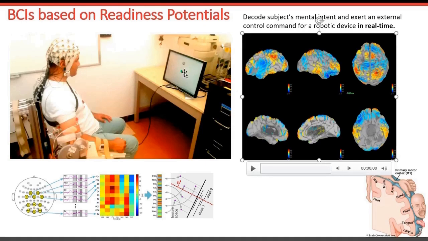The subject looks at this and intends to move this robot up and down. So he is not taking any visual stimuli. He's just using it as visual feedback. He intends to move this robotic device, and the brain already generates a command. If we capture those commands, called readiness potentials, we can use them to decode brain activities in real time. All right, so again, the readiness potential location is different, but mainly they are present in the sensorimotor and parietal cortex of the brain.